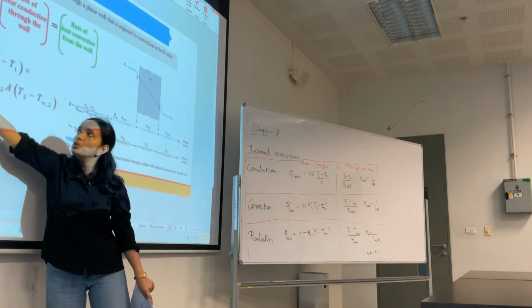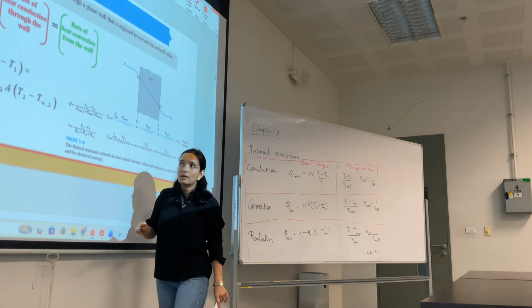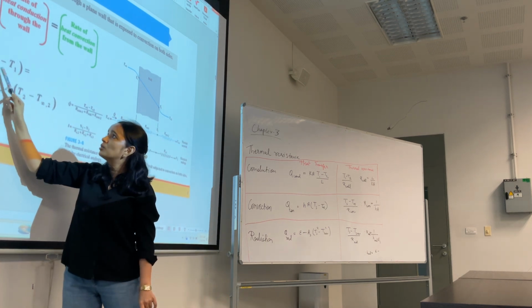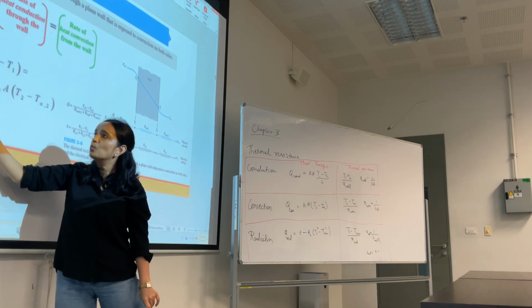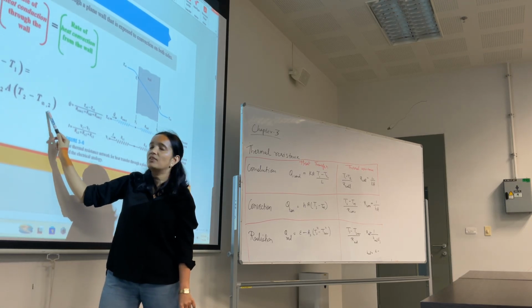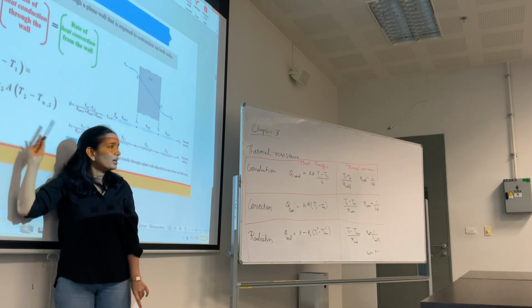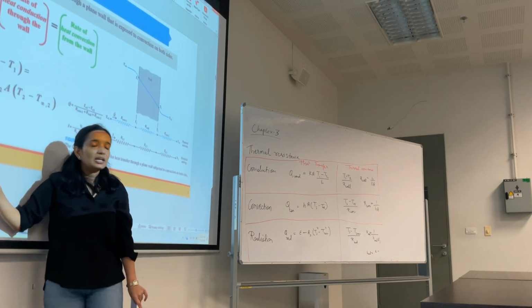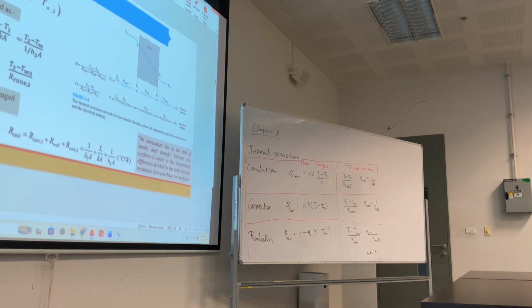So this Q here is the same: T infinity 1 to T1 by convection, T1 to T2 by conduction, and T2 to T infinity 2 again by convection. This is the heat transfer analogy. Now if I want to write it in terms of thermal resistance, how will I write it?